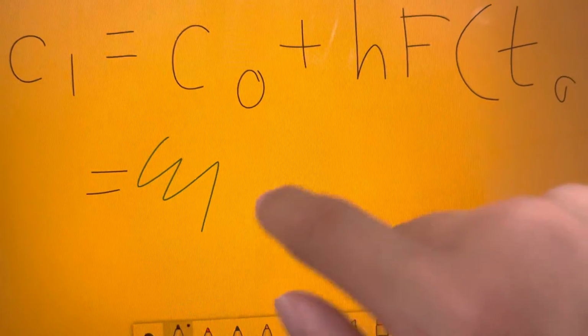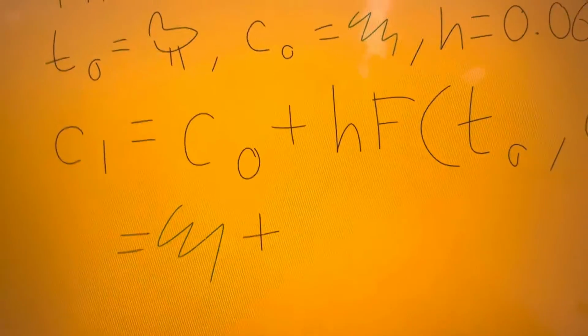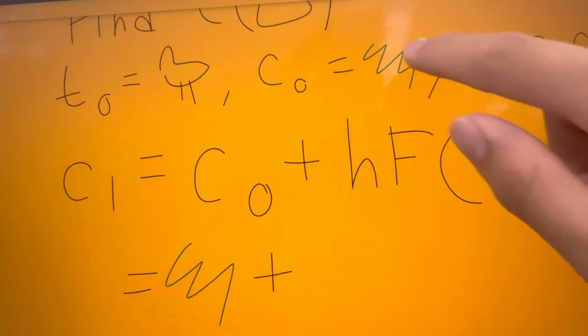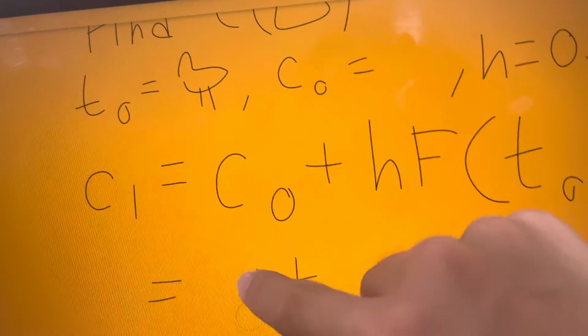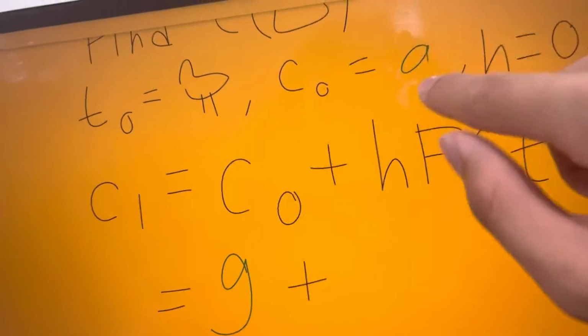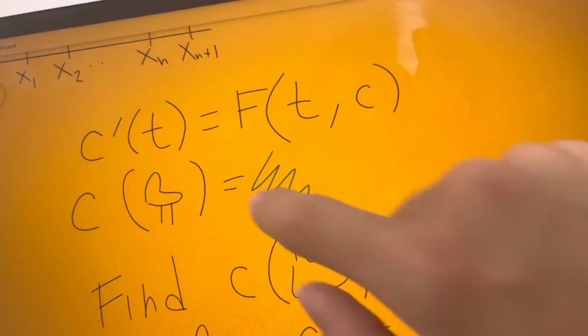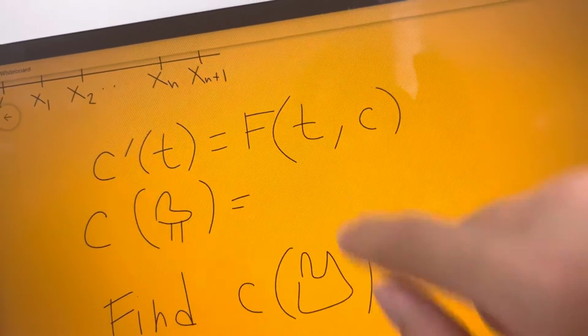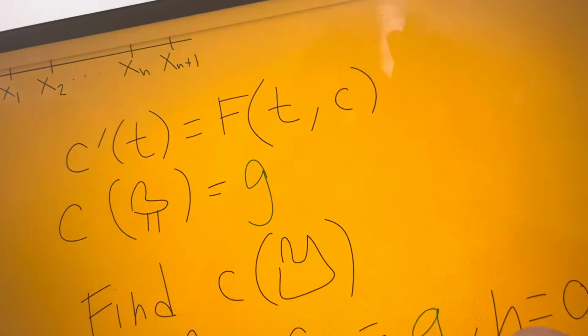Actually, I think it's best that I just use G for green. I think that'll be better and easier to see that way. So we'll use G for green from now on.